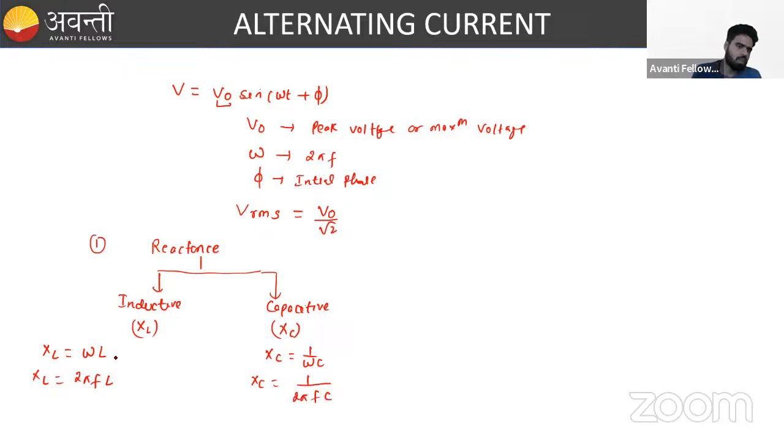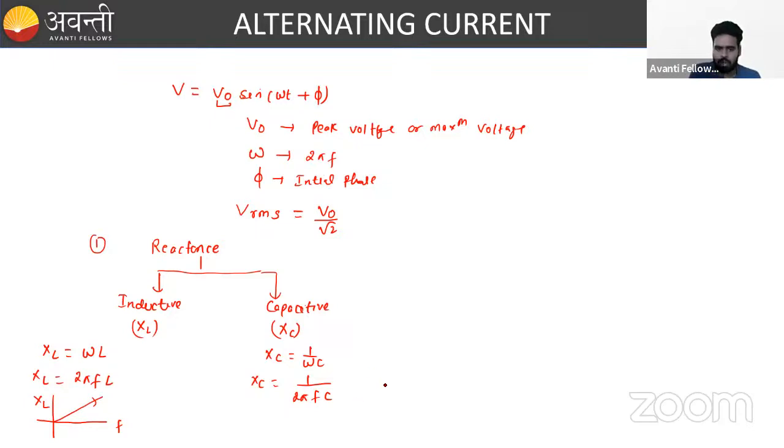One thing to observe is that XL and the frequency of any AC circuit have a linear relationship. Sometimes it is directly asked what the graph between XL and f is. We can say it is a straight line passing through the origin, right?